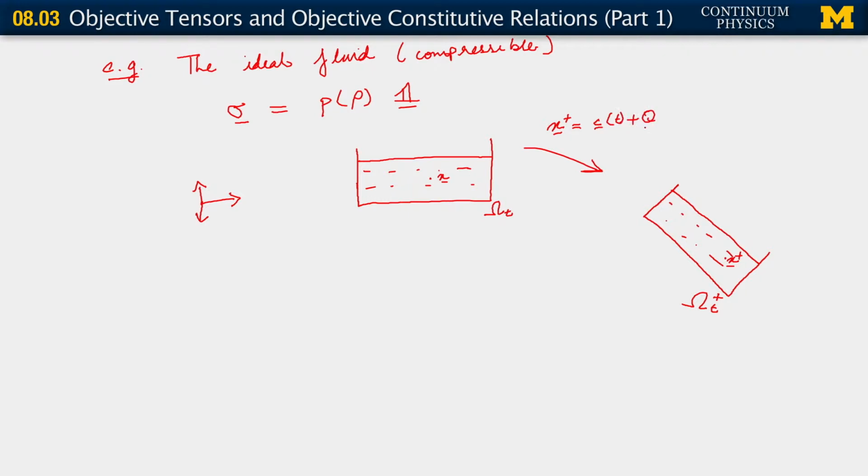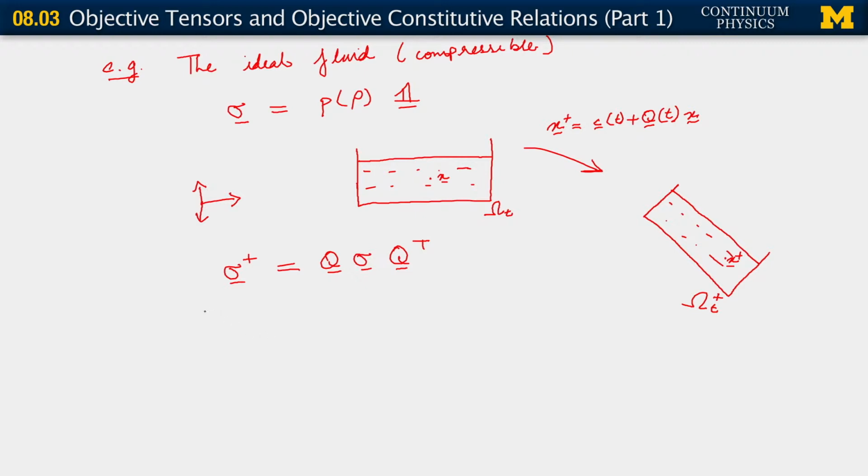We can see as well the rotation here. Okay, so under the situation, in general, the stress components after the translation and rotation are going to look different, right? And what we are told is that we need to have sigma plus is q sigma q transpose, right? This is what we know about the stress tensor, because it is a tensor.